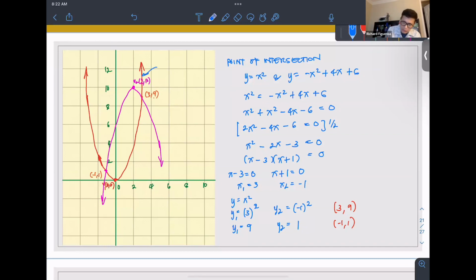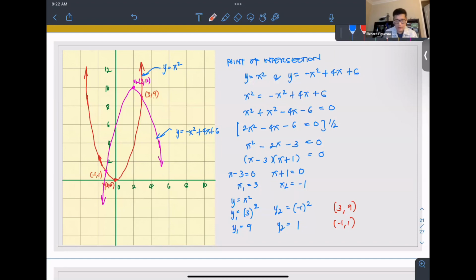So this graph is y is equal to x squared. That's the red graph. So the pink graph is y is equal to negative x squared plus 4x plus 6. So now we decide whether we're going to use a vertical strip or a horizontal strip.